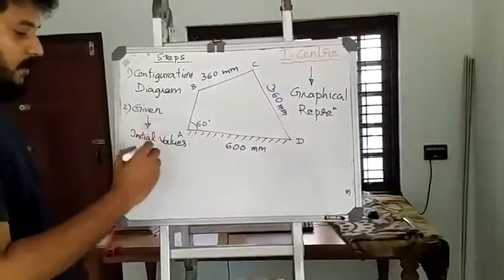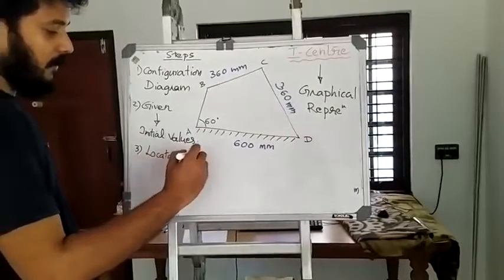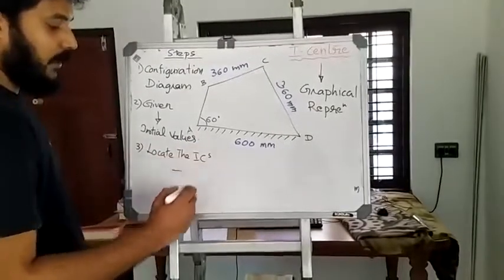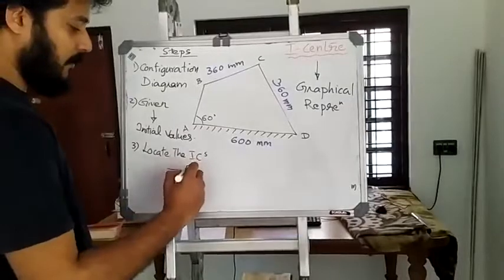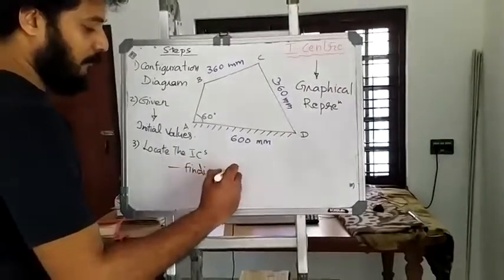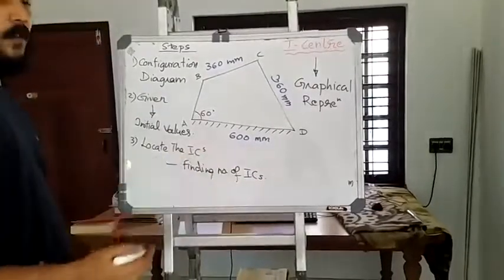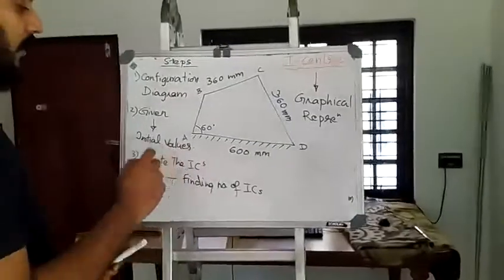Third, we have to locate the i-centers. Locating i-centers starts by finding the number of i-centers. After you find the number of i-centers, locate the i-centers.